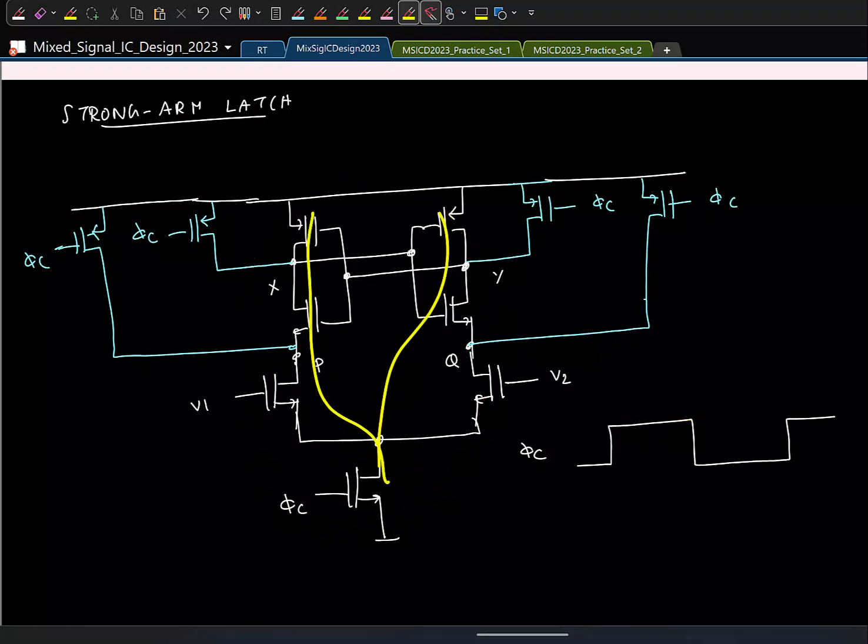And once the regeneration happens, what can you say about the current drawn? Once the outputs regenerate to VDD and ground, is there a direct path from VDD to ground? No, that's the whole point of this circuit. So when phi c is on, initially it will draw current till we have regeneration happening, then goes to 0. Right?